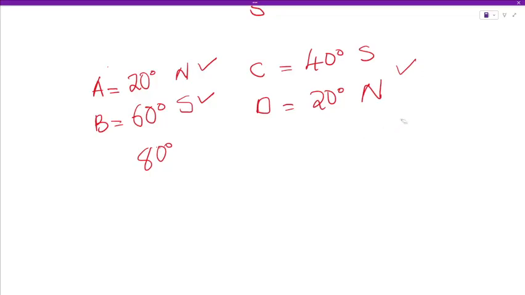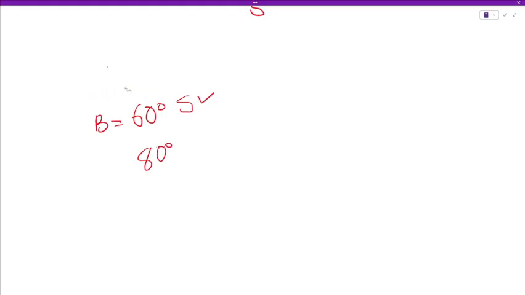Now we can look at calculating time. Remember I said the formula for calculating the time difference is TD, time difference, is equal to theta over 15 degrees. This theta we are seeing in this formula represents the difference in longitudes for those 2 points whose time difference you are trying to calculate.